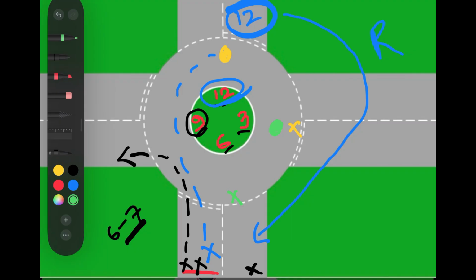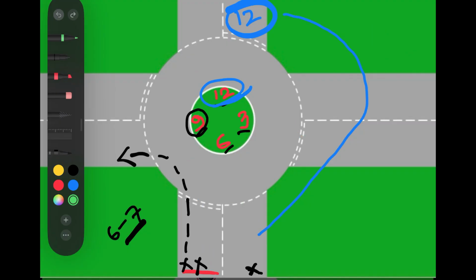If you're taking fifth exit, you start signaling from fourth. And we are talking about signaling left. We signal left just from the previous exit that you have passed. Hopefully this will clear your signaling on a roundabout.